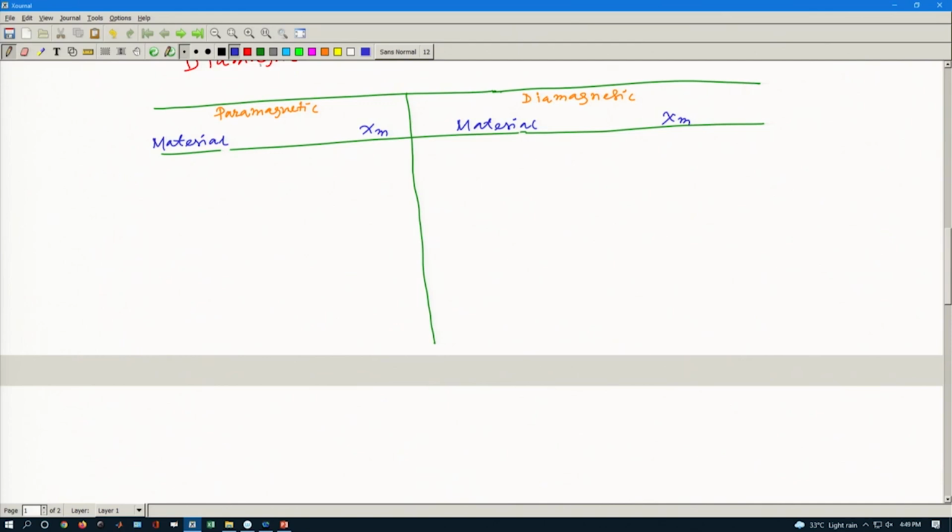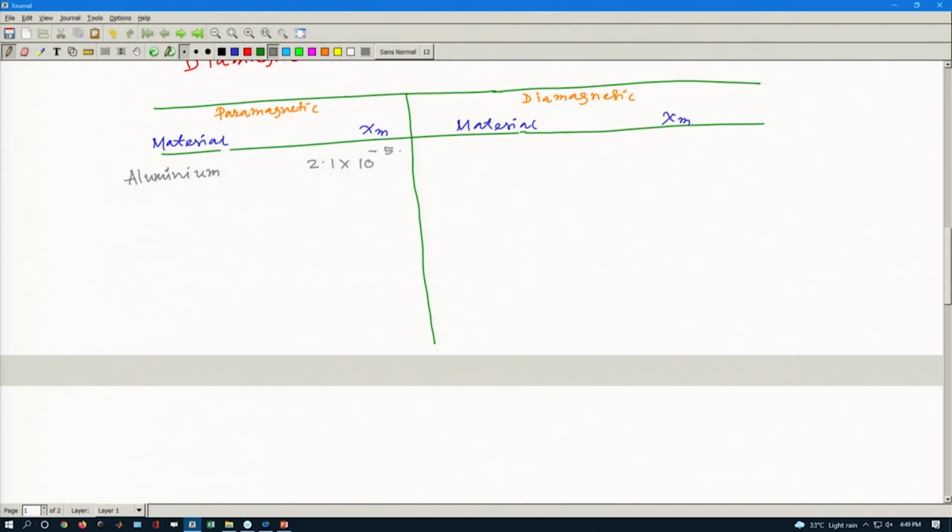For example, the first thing I can write is aluminium. Aluminium is one kind of paramagnetic material, and the value of this chi m is around 2.1 times 10 to the power of minus 5.